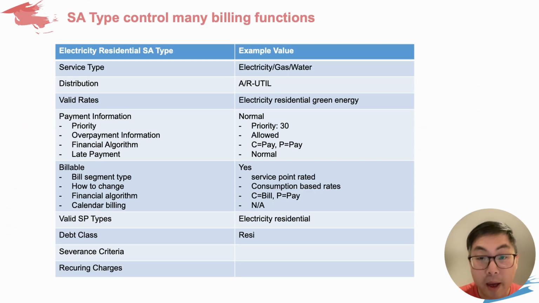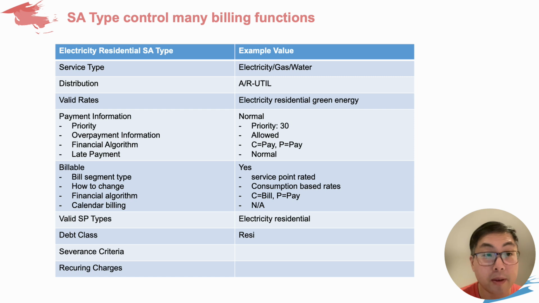Okay, so here we have just the one simple example. Okay, so what I'm trying to illustrate is how many functions related to billing a service agreement type will control. And I'm taking one example, which is a very simple one: electricity residential service agreement type.